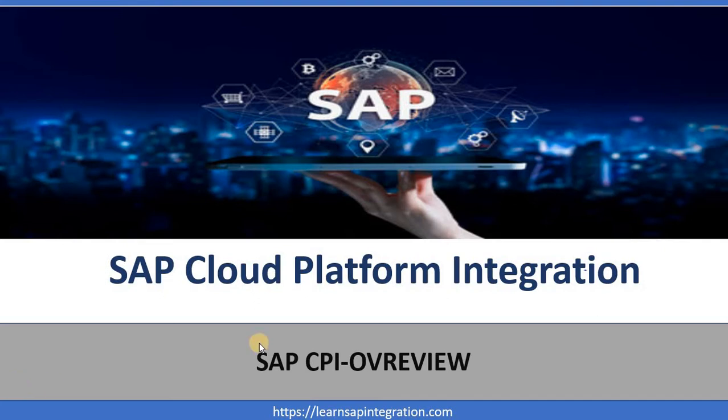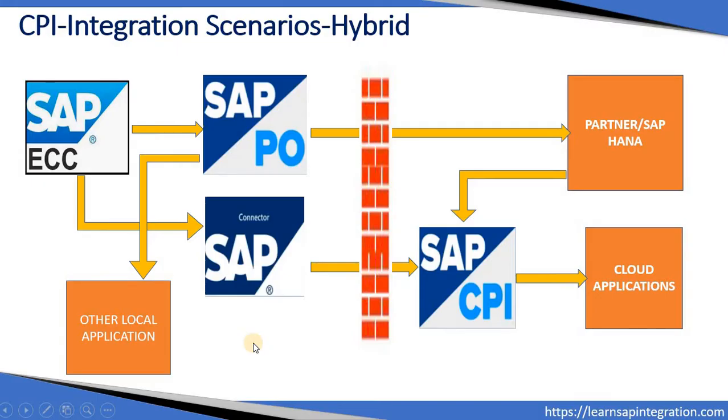Just to recap, in the last session we saw the different integration scenarios in the SAP PO and CPI landscape. We have on-premise to on-premise, where SAP ECC and some other applications are deployed in the same landscape in a single company.